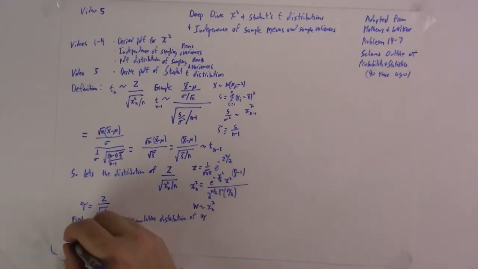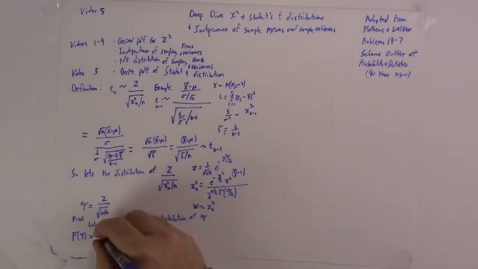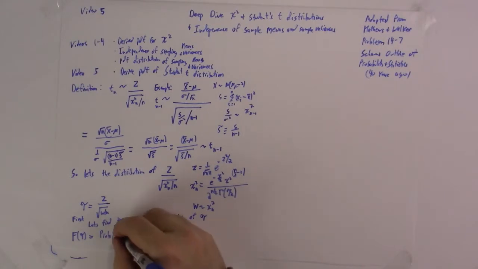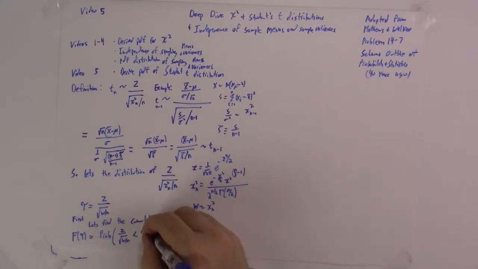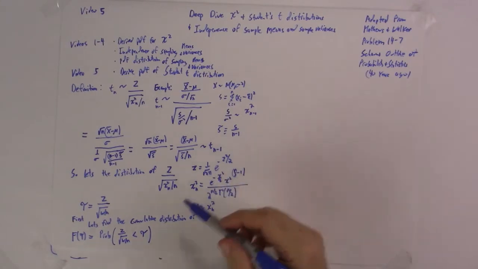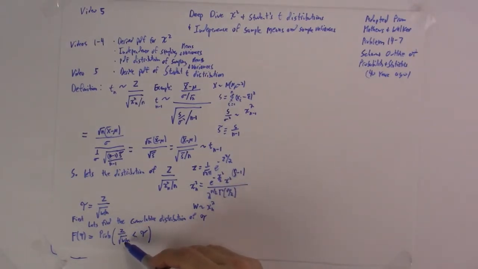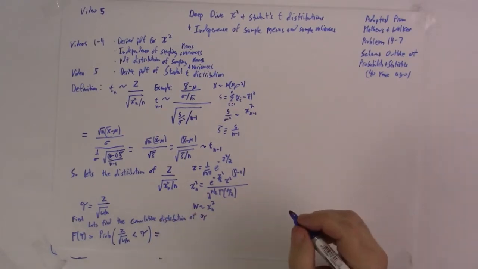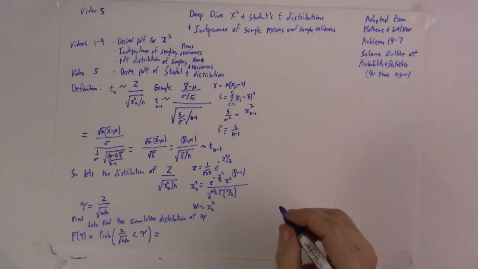F of tau, by definition, is equal to the total probability that z over the square root of w over n is less than tau. Now we have two variables here, z and w, at the start. So this is a multiple integral, and we're just going to integrate over the whole range of values of z and w.